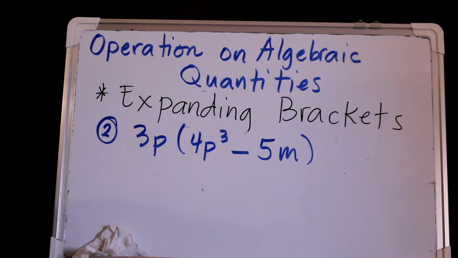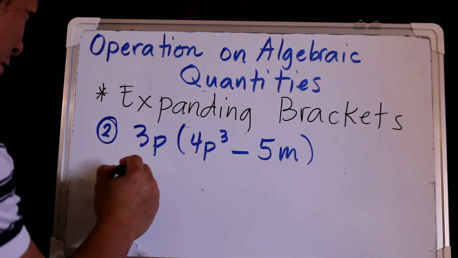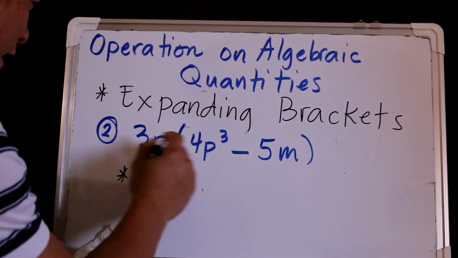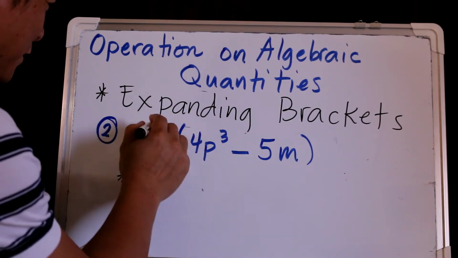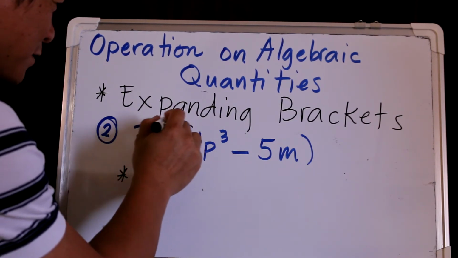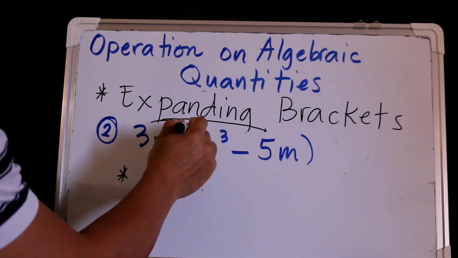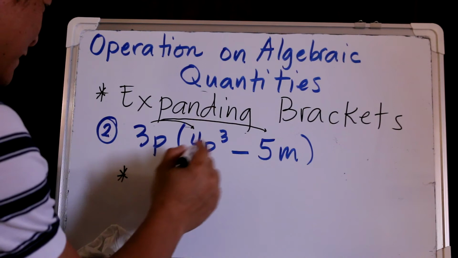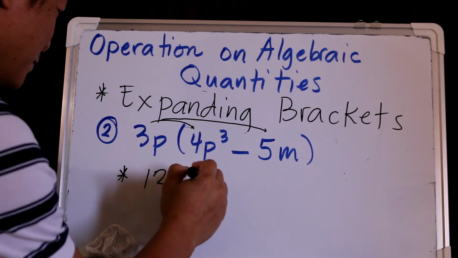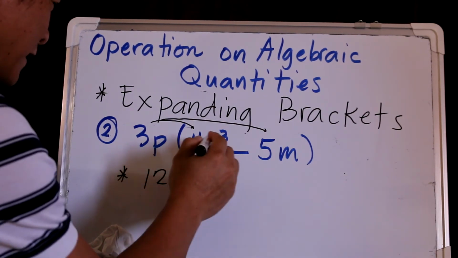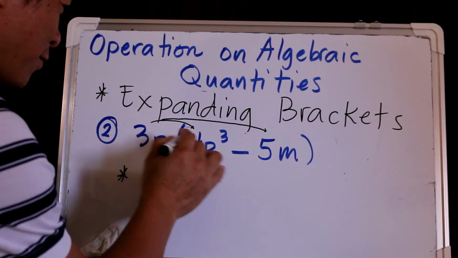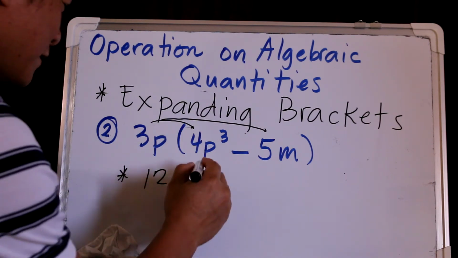Okay, so the answer here would be, that is multiplied, so distributive property again. So that means 12p, then this is to the power of 1, that is to the power of 3, so 4.